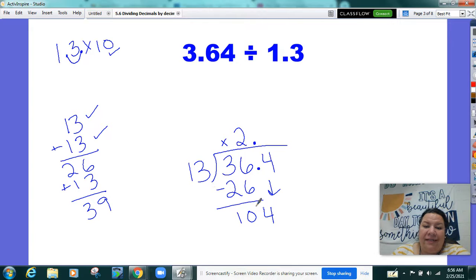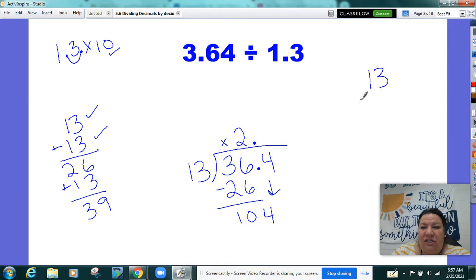So how many 13s can go into 104? Well, you can keep adding 13s here, okay? Or I'm going to do a little mental math. I'm going to say like 13 times 10 is 130. So obviously that's too much. So 13 times 9, this looks to be less than that, than 130. So I'm going to just guess.